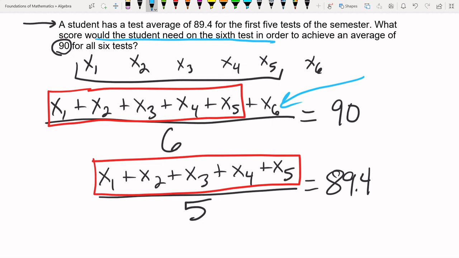What we're really trying to find is what is x6. If we know that, then we have our solution.